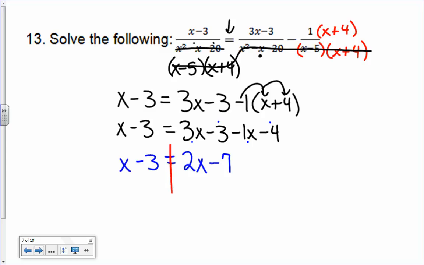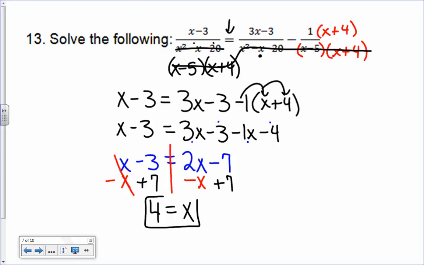I know that I can subtract 1x from both sides, and I'm going to save myself a step here in a moment. But if I move my x's over here, I've got to move my numbers to the left. So I'm going to add 7, add 7. Negative 3 plus 7 is 4. 2x minus 1x is 1x, or just x. So my answer is 4.